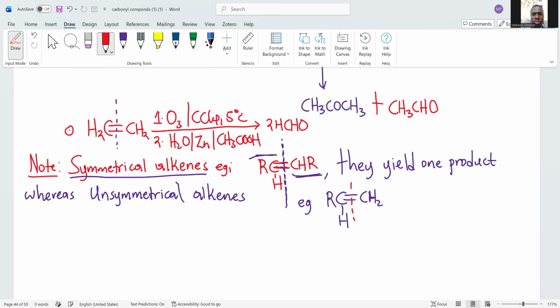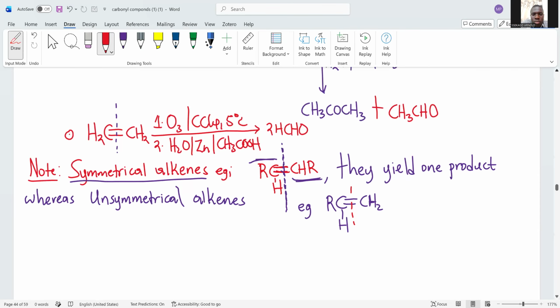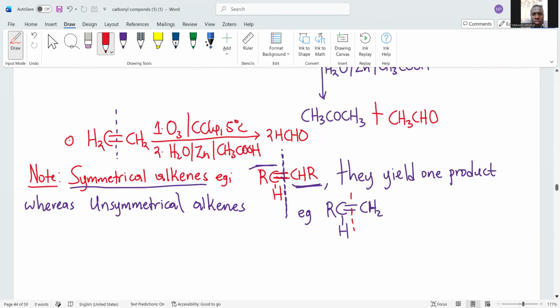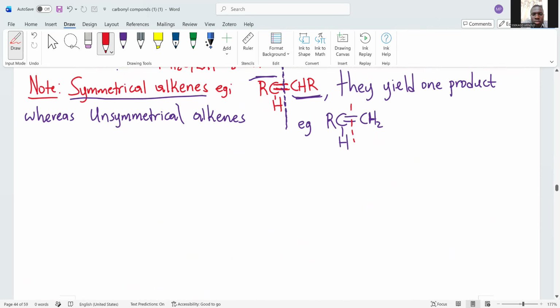When you draw a line of symmetry through the double bond, what is on the right-hand side is not the same as what is on the left-hand side. So unsymmetrical alkenes, for example this one, yield different products.